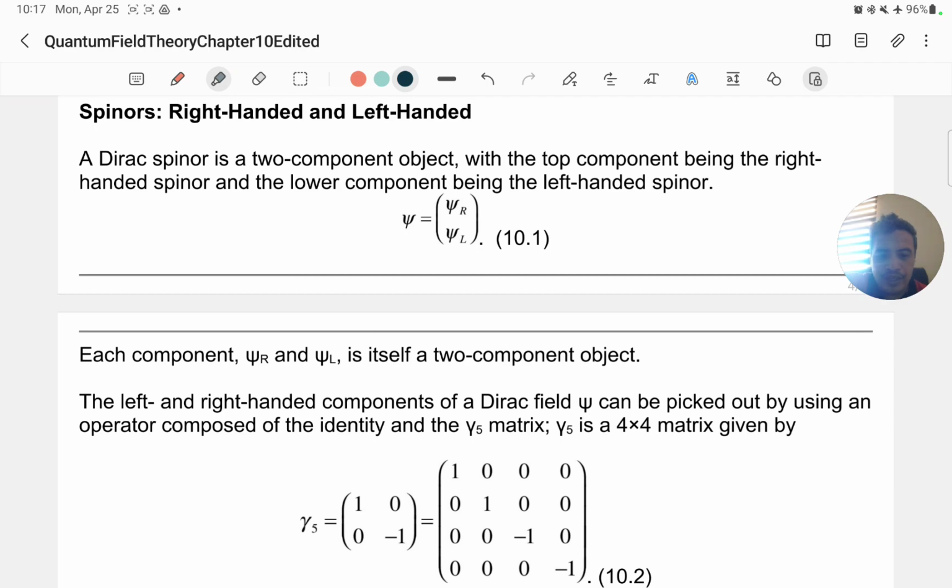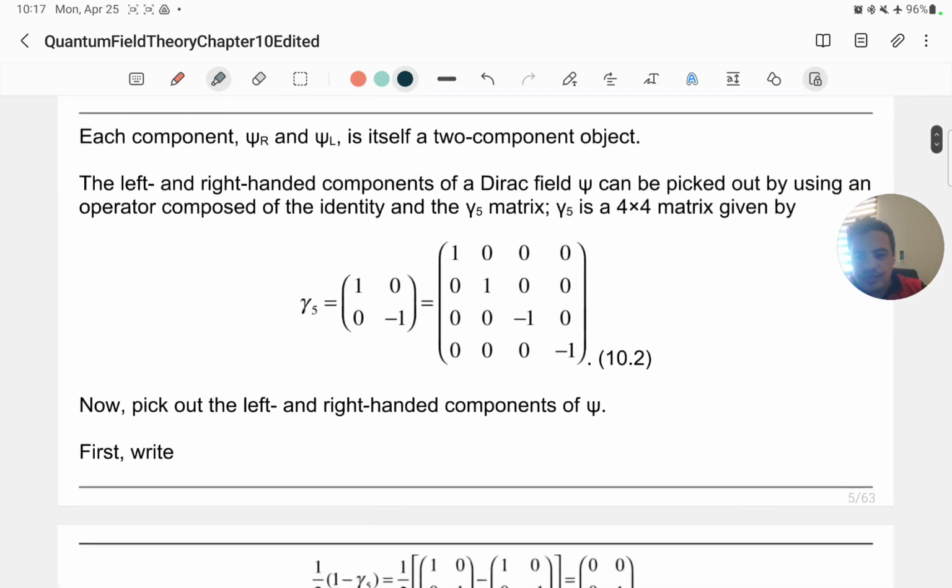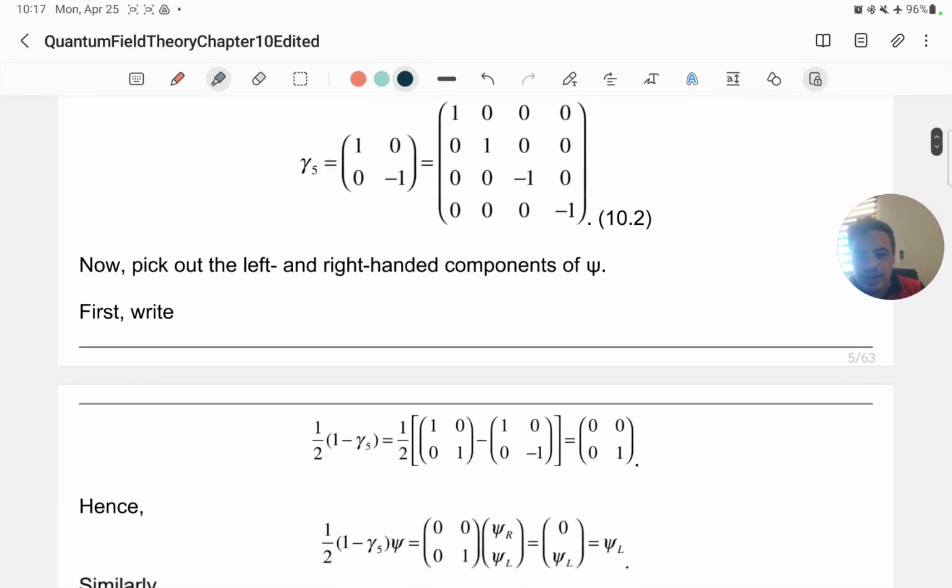But this can be reduced to a 2 by 2 matrix if you only use the two-component Dirac spinor.